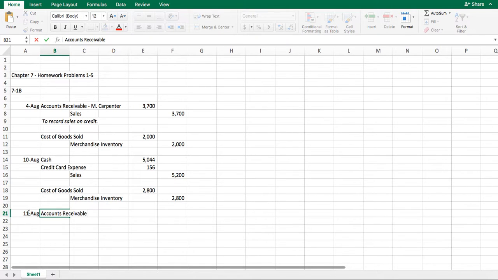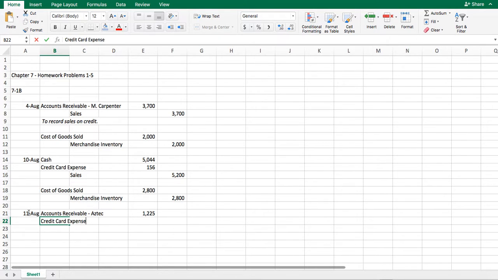It tells us all of this in the problem, because when they use their Aztec card, we accumulate the receipts for several days and then submit it to Aztec for payment, whereas with the credit card, there's an immediate credit to the bank. That's why we used cash for the August 10th transaction. It was immediate, and for this transaction, because it's Aztec and there's a time period where we do not receive that money yet, we have to show that as an accounts receivable.